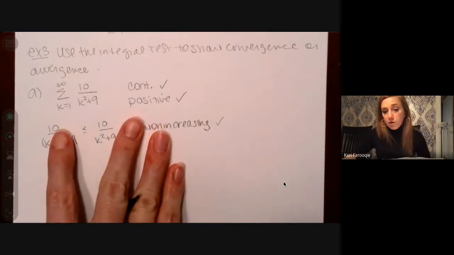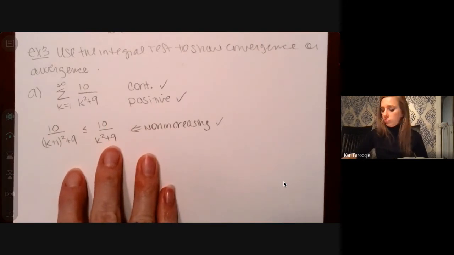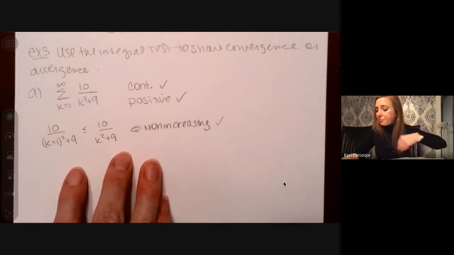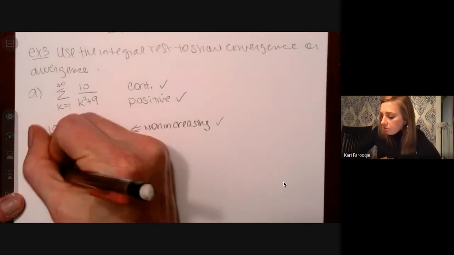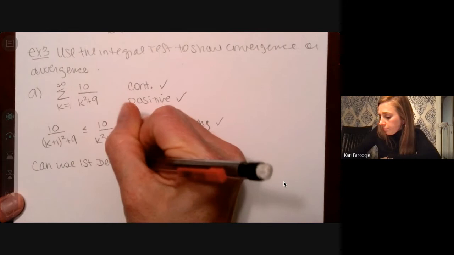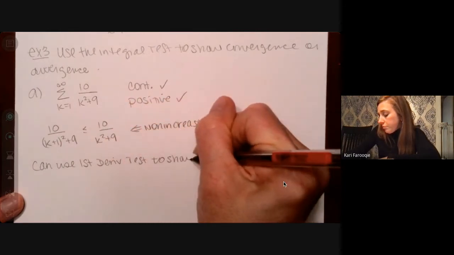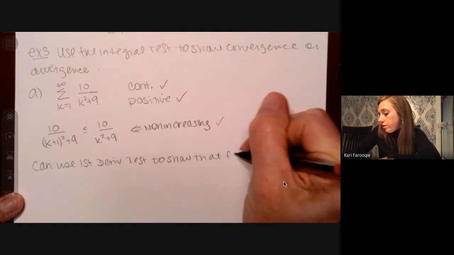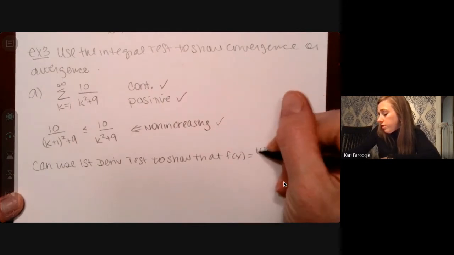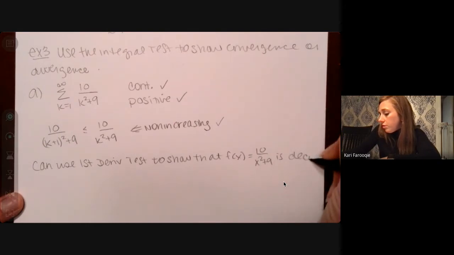You might have a variable in the numerator or something, and maybe just looking at this, you wouldn't know. So I'm going to say that we can use the first derivative test to show that f of x equals 10 over x squared plus 9 is decreasing.